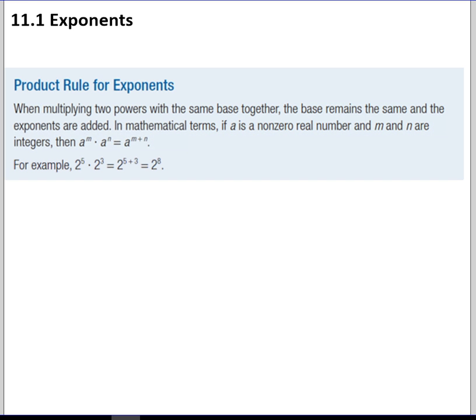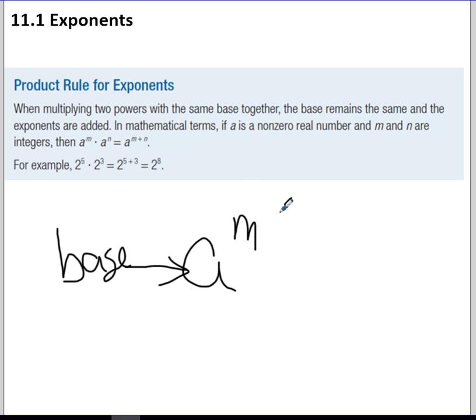So remember that if you have, for example, a to the m, your a is your base, and m is your exponent.